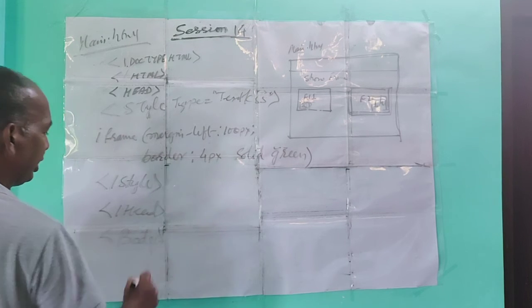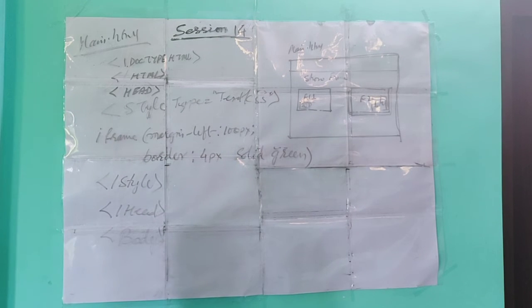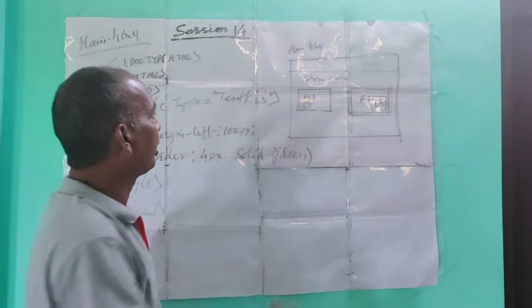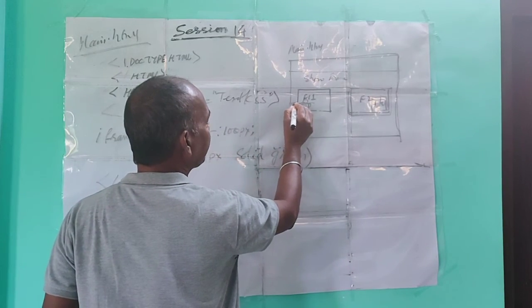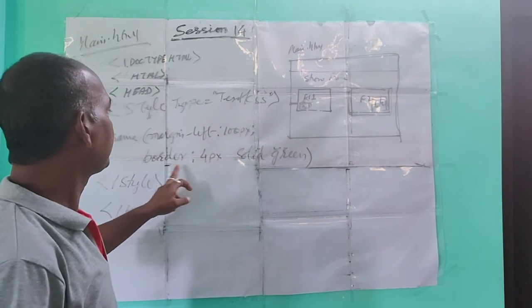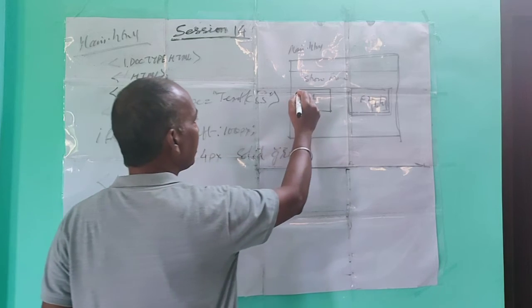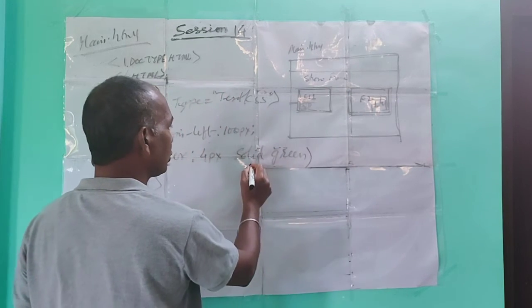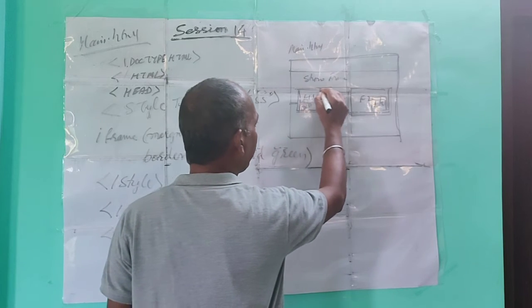If you want to change the frame, see, margin is left, so here you get a 100 pixel margin from the left. Border is 4 pixels, the size of the border appears as 4 pixels. Solid green, it will appear as solid.